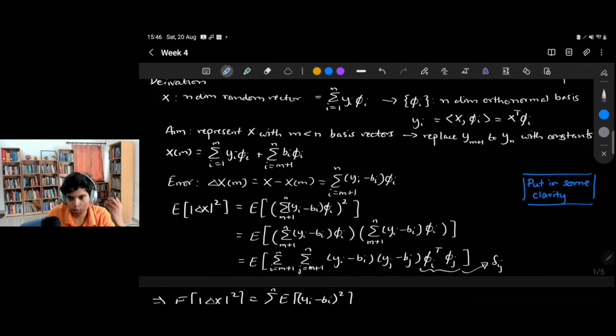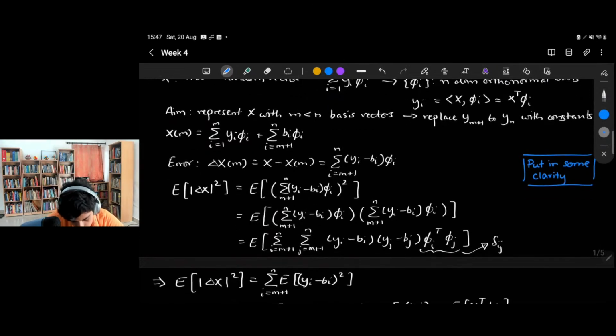Okay, so that part you are trying to ask as to why this thing is there. Yeah, that's a good point. Typically when you have a square of something, it is like a modulus square of this error that we have defined.